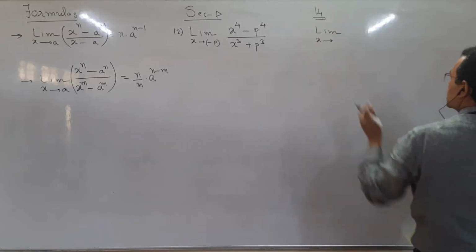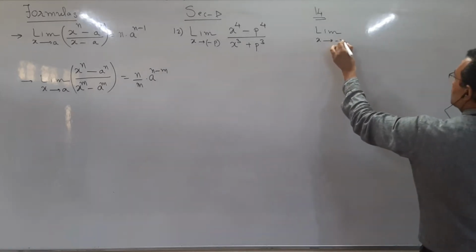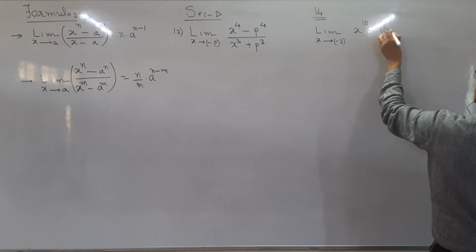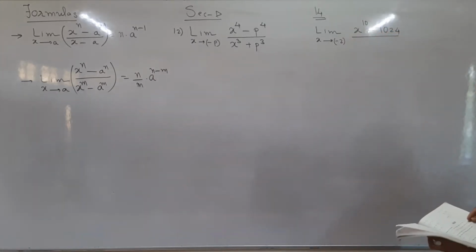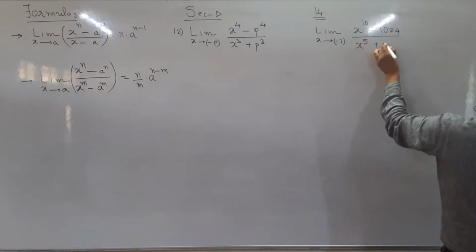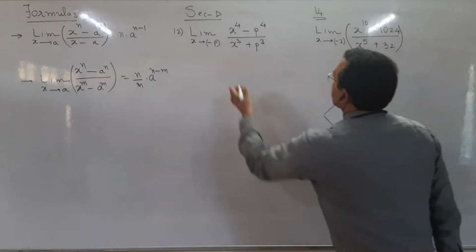Limit x tends to minus 2, x raised to 10 minus 1024 divided by x raised to 5 plus 32. Okay.